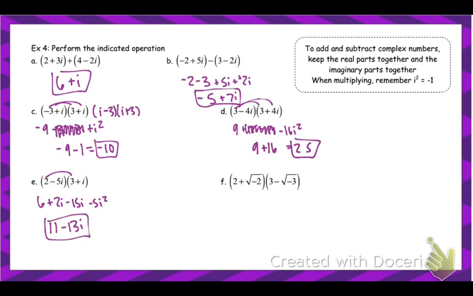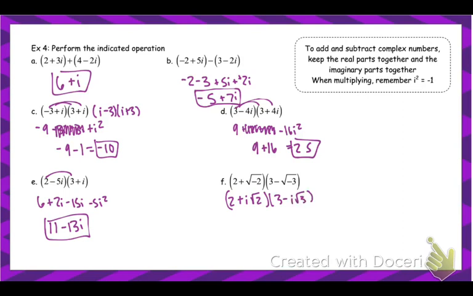All right, now this last one has a little bit of a trick to it. What we need to do, we cannot multiply this in its current form. If we do, we'll make a small mistake and get the wrong answer. I cannot multiply these together the way they're written. I need to rewrite them as imaginary numbers first. And now I can FOIL this out.